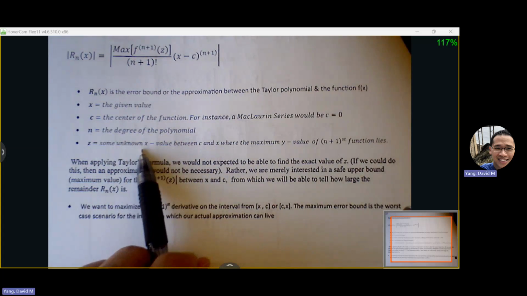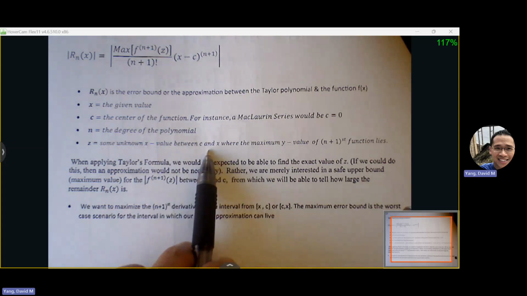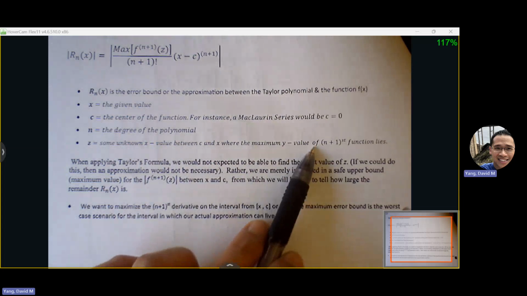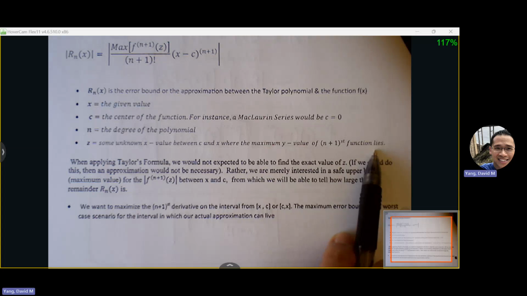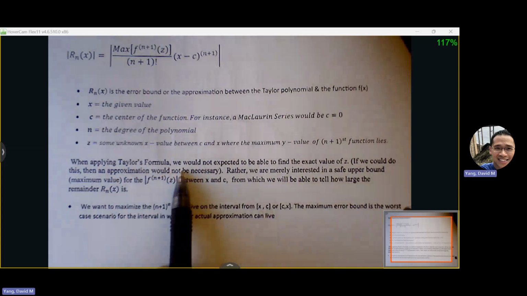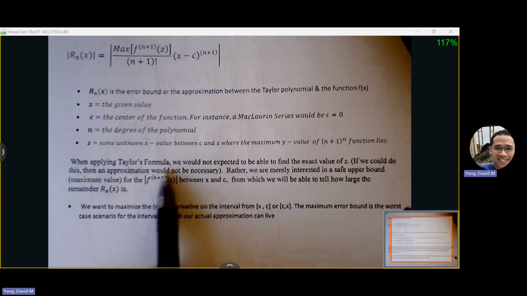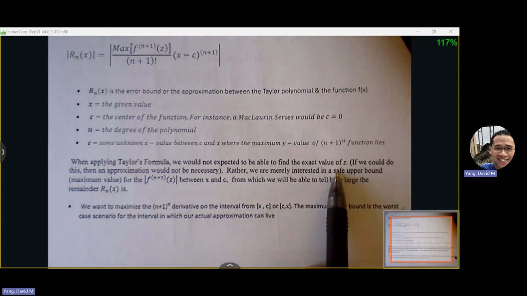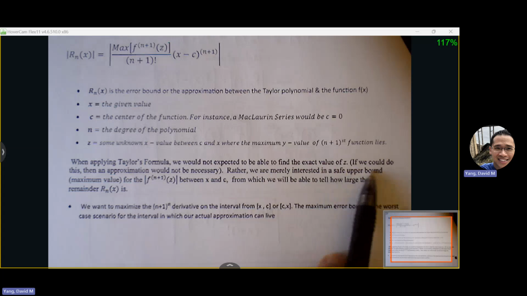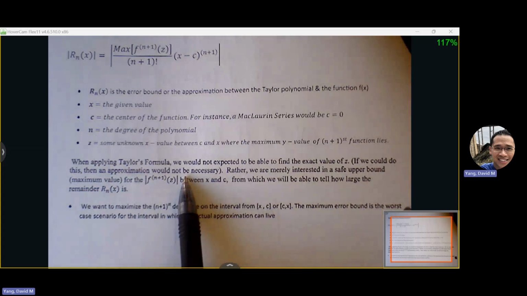z is some unknown x value between c and x, where the maximum y value of the n plus first derivative lies. Now, when applying Taylor's formula or the Lagrange error, we will not be expected to find the exact value of z, and that's not our purpose. We don't really care to find that value of z.